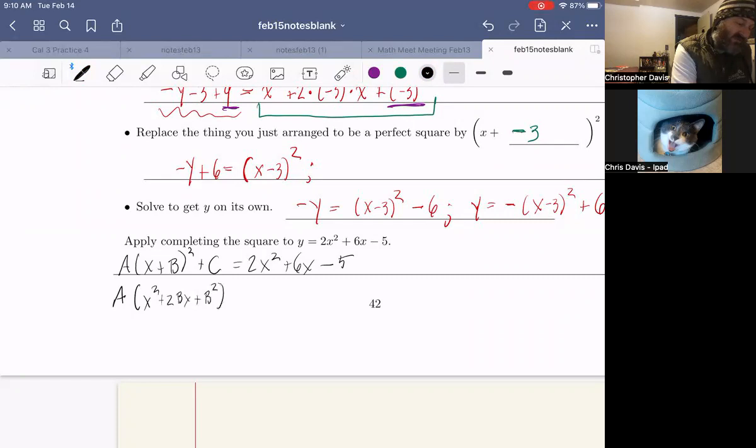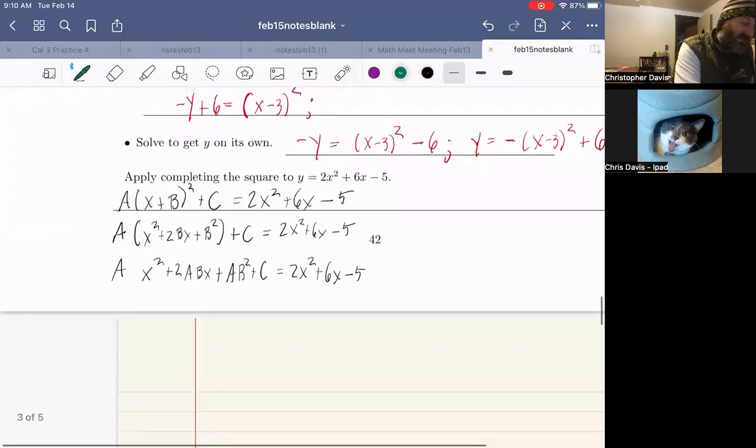Once you do it a few times, then you'll be able to do that step quicker. Plus c equals 2x squared plus 6x minus 5. Continue distributing. ax squared plus 2abx plus ab squared plus c equals 2x squared plus 6x minus 5.